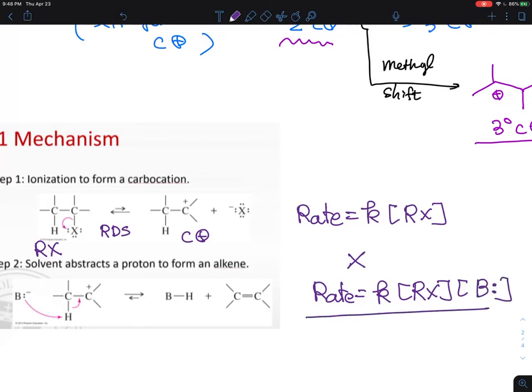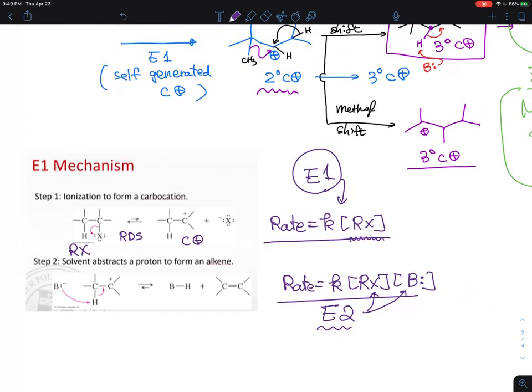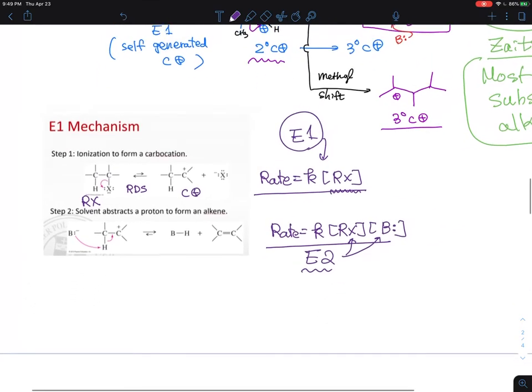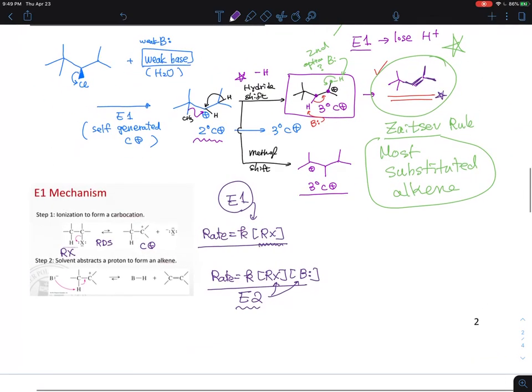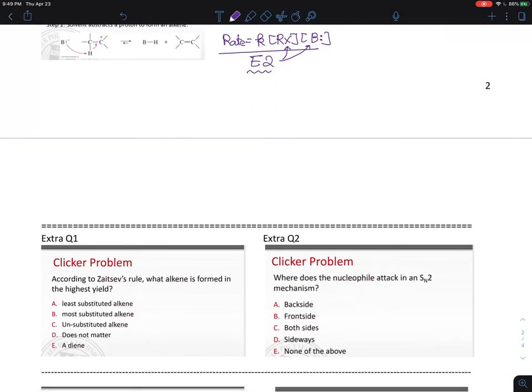That is for the E2 mechanism, because you need both of them to actively participate in the reaction, whereas the E1 mechanism only depends on the concentration of the alkyl halide itself. So by looking at the reaction rate kinetics, you can figure out which mechanism is important. And understanding the mechanism is very important. Sometimes you end up getting racemic mixtures and sometimes not, and that's something we need to consider.